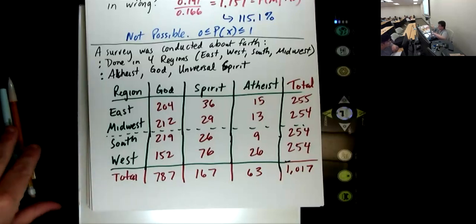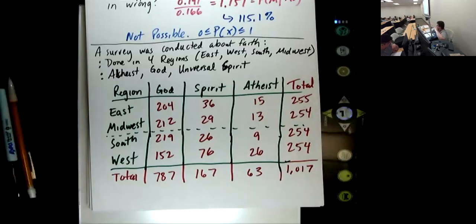So we will use this. I'll let you finish writing down. We're going to use this table to figure out a couple different probabilities.